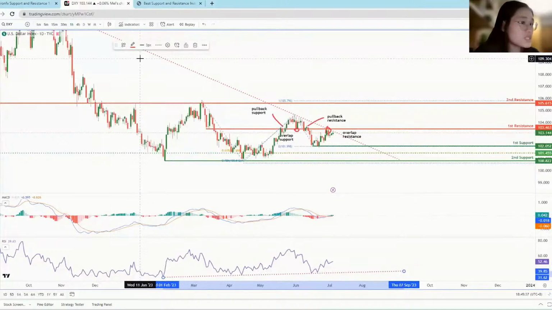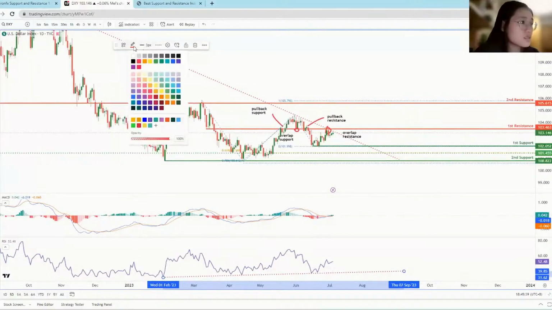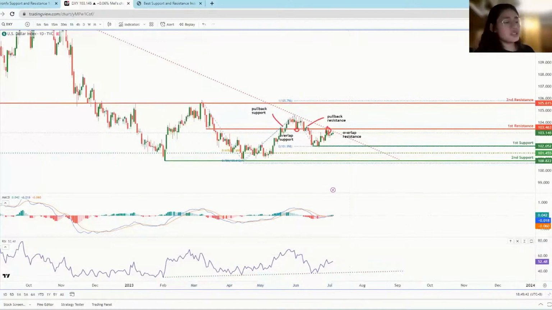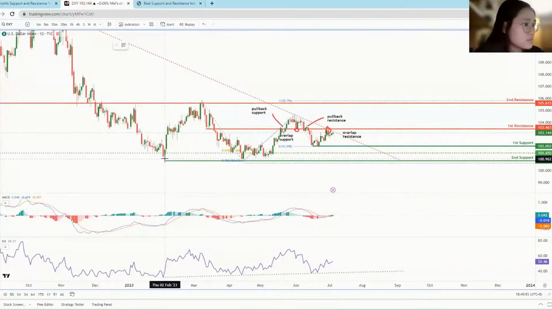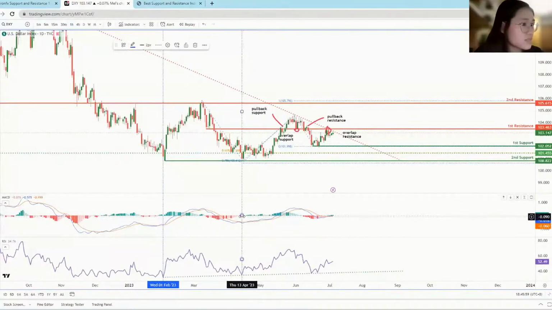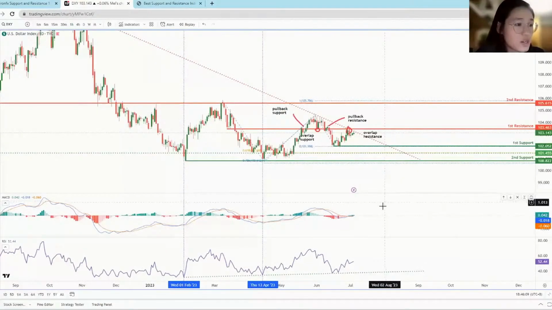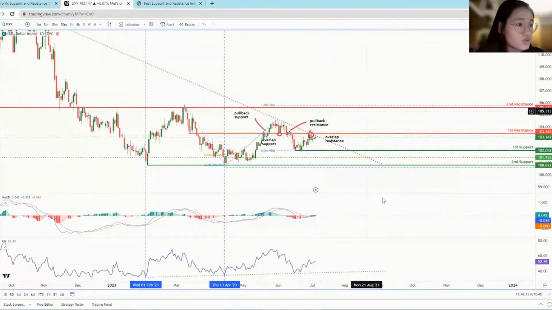Okay, so we see this slight increasing trend line here. You can see it's definitely not horizontal. Okay, even though from here to here, we've identified that this is a support level. Okay, so this we call a bullish divergence.